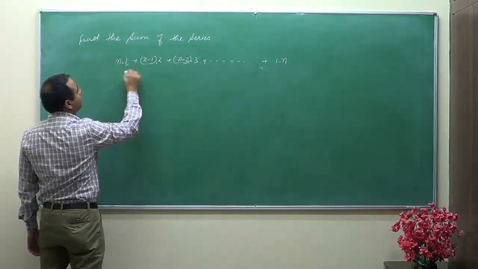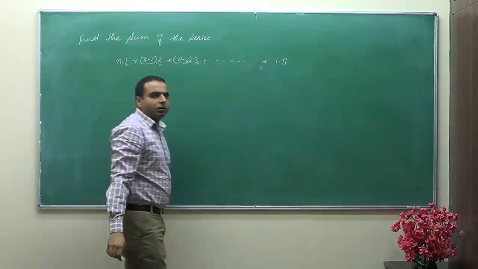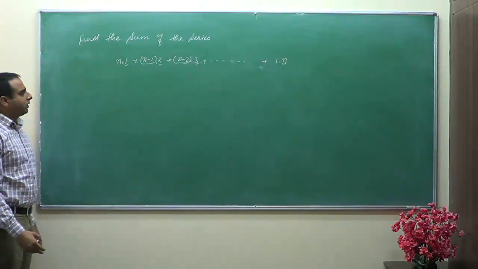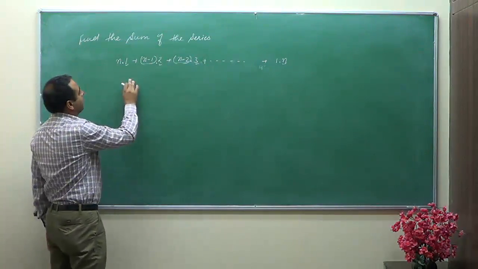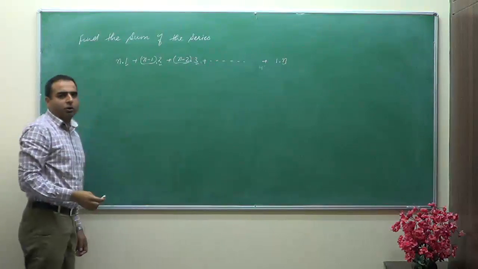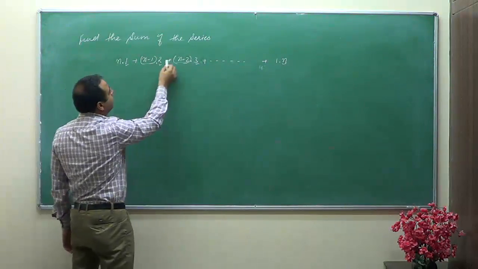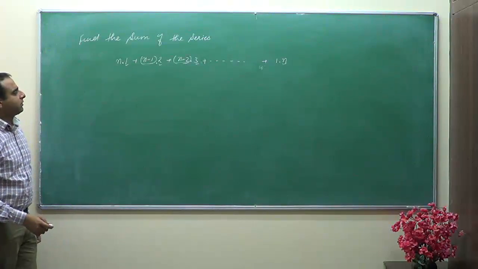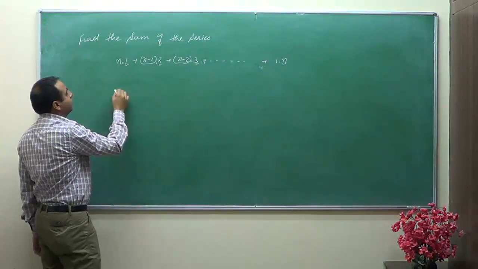And if we consider the second factors 1, 2, 3, up to n, this is an AP with an increasing order. यहाँ पर जो n minus 1, n minus 2 में common difference है वो क्या है? -1 का है. और यहाँ 1, 2, 3 इसमें जो common difference है वो +1 का है.